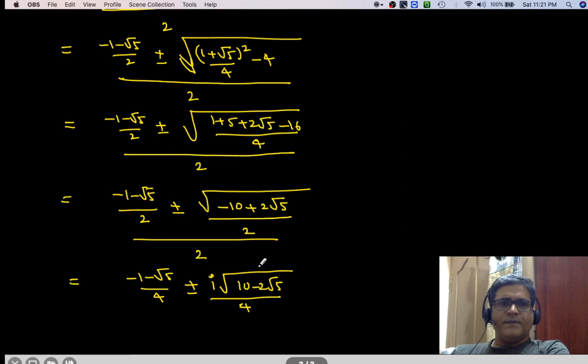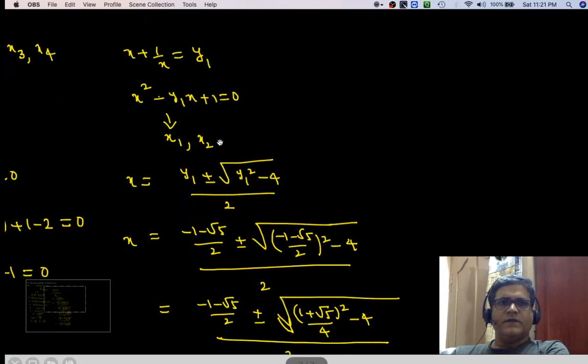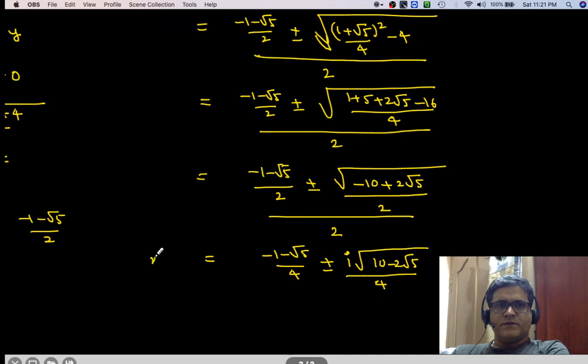So here, these are the values of what? x1 and x2, the roots of this quadratic. So x1, x2 are these values.